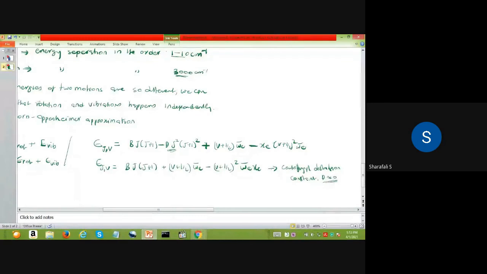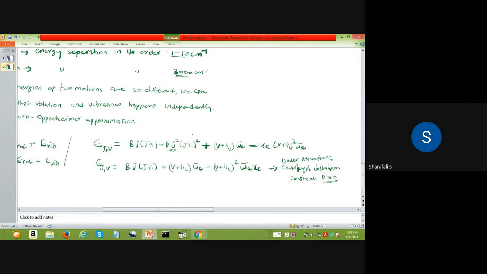This means that it is comparatively very small under this assumption. In that case, it will be b into j plus 1 plus b plus half omega bar minus plus half square omega bar.